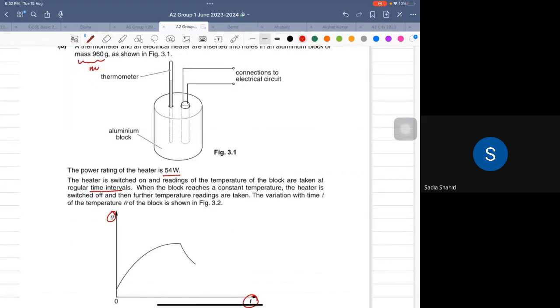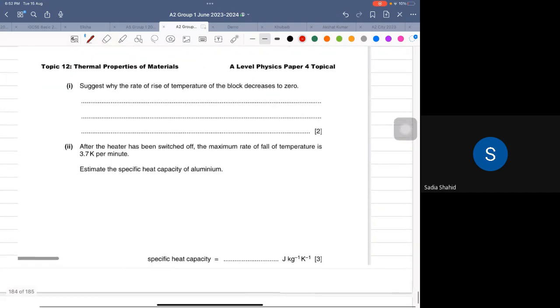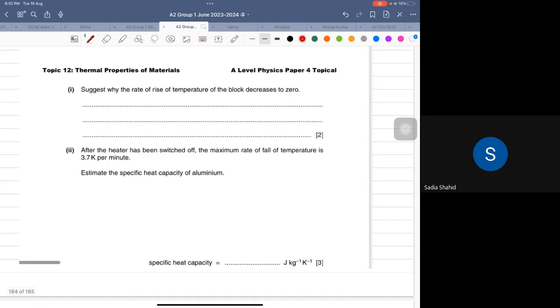You just need to look at the diagram to understand why it is happening. So for 2 marks, we're going to write that this is because the heat is transferred to the surroundings. This should be your first point.